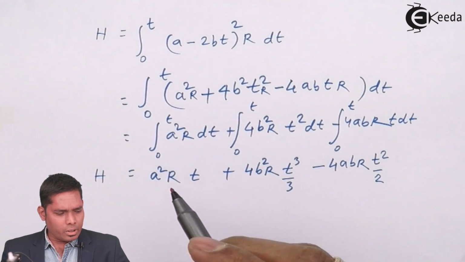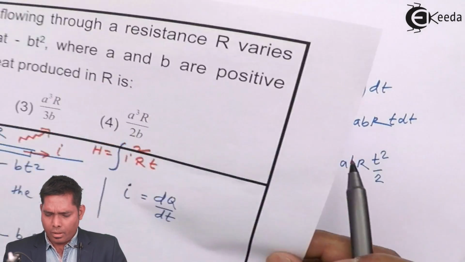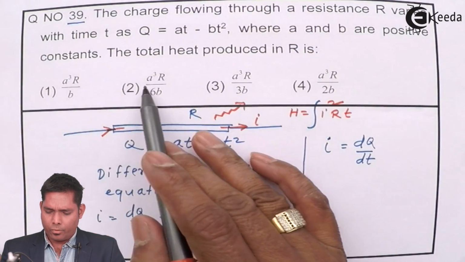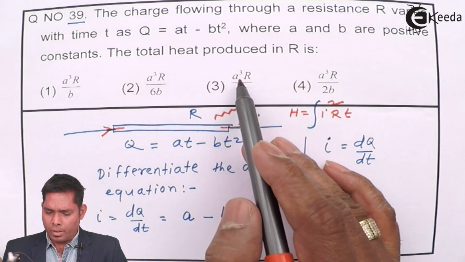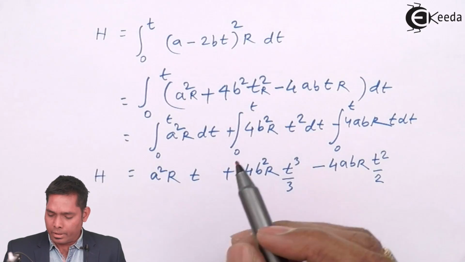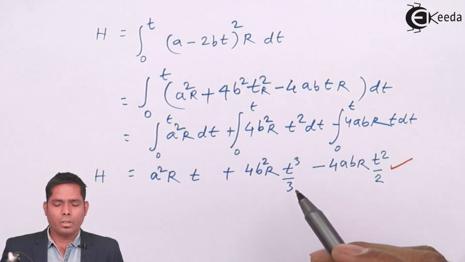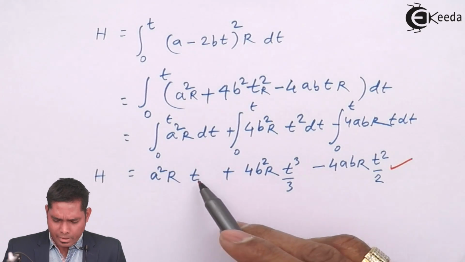As we can see, the options do not have any t. The options have only a or b, and we are getting this one. This is also correct, but then you have to convert this in terms of a, b and r. You have to eliminate t.